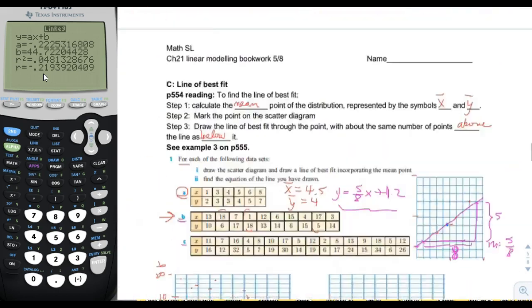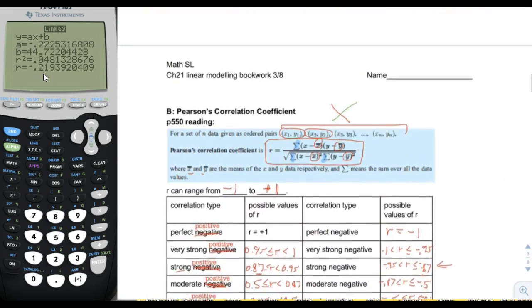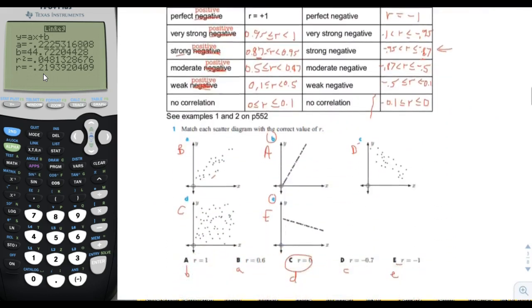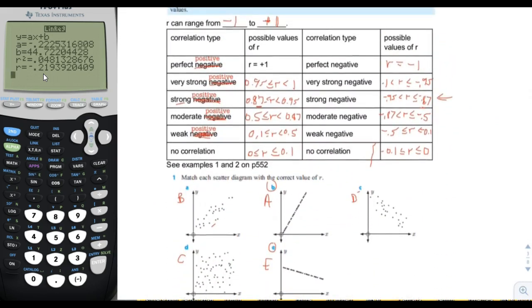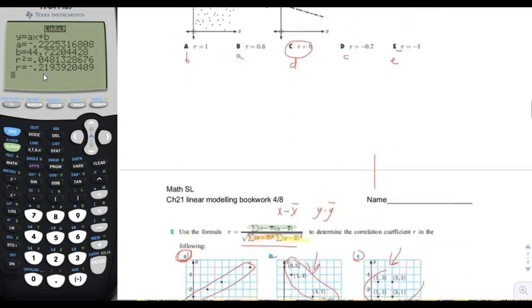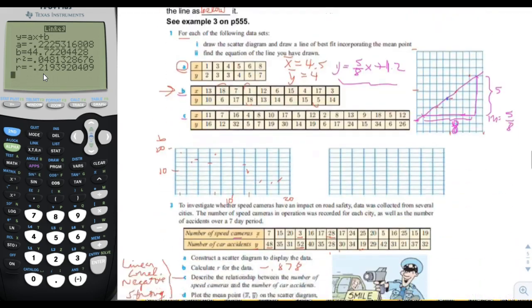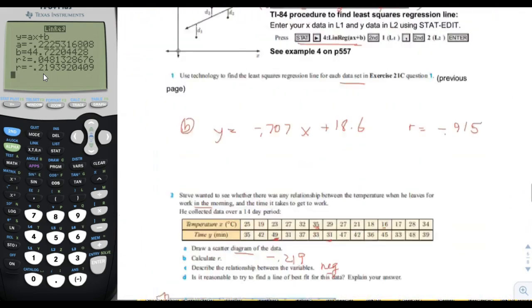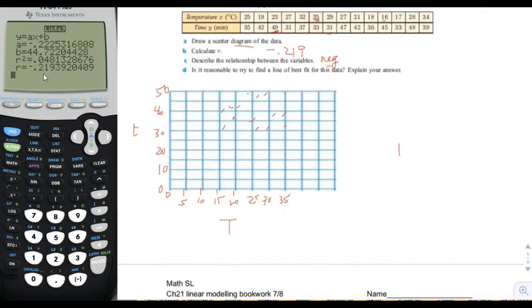Let's check out in the previous page what 0.219 would correspond to. It would correspond to weak because it's between negative 0.5 and negative 0.1. So I would say it's weak. We'll go back here and we'll say it is negative weak.